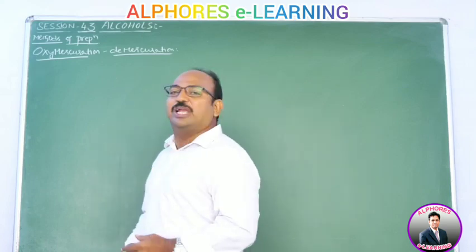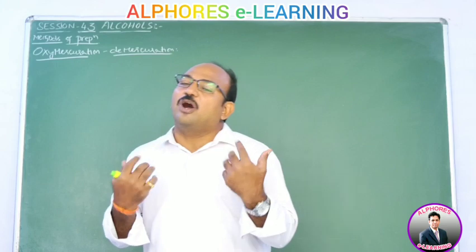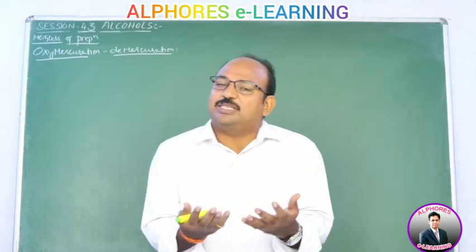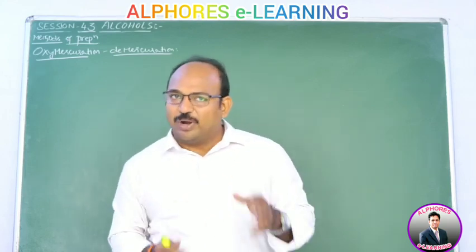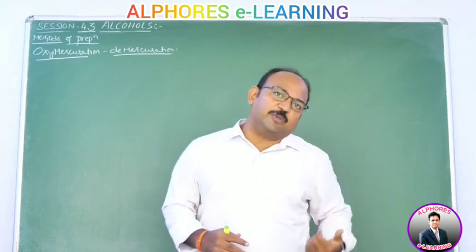In oxymercuration-demercuration there are two steps: first oxymercuration and then demercuration. In oxymercuration we add an electrophile, and in demercuration, D means removal, we remove the mercury content.